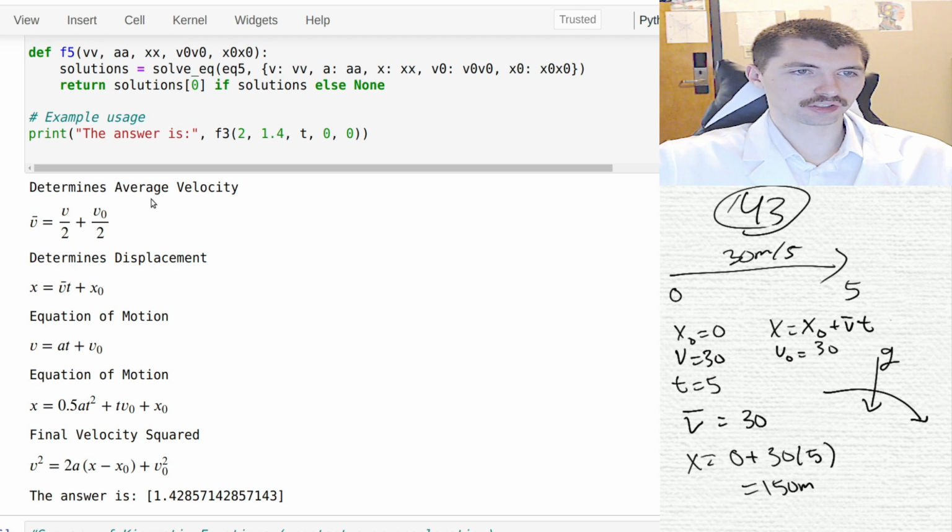Determines average velocity. Determines displacement. Then we have equation of motion and velocity, AT, equation of motion.